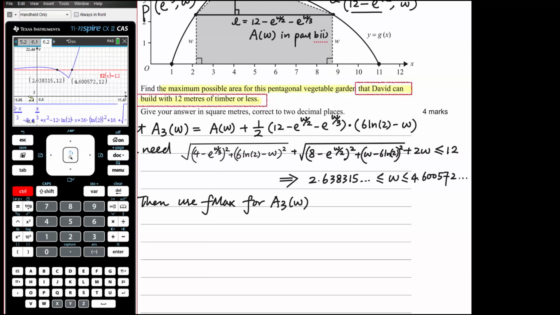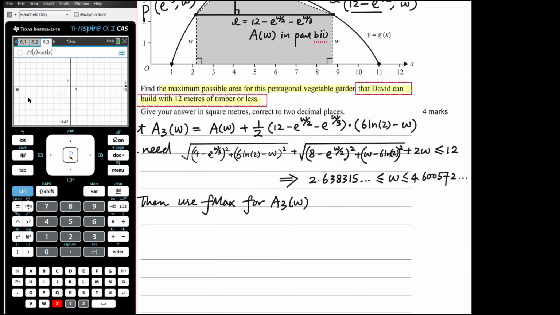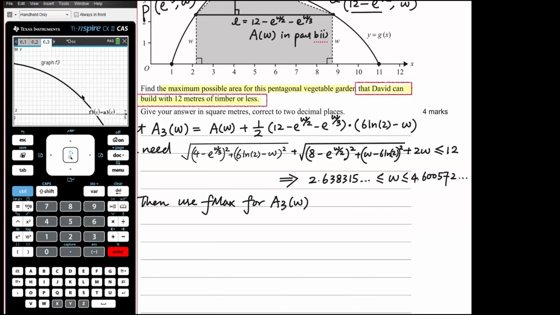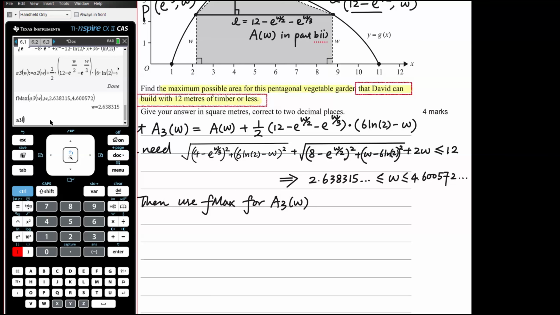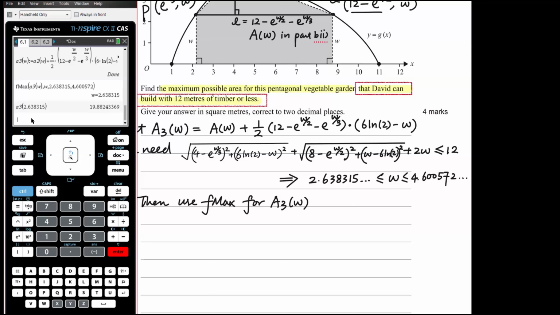So if I just verify that, just look at, let's say, 2 something and 5 something. Maybe I use like a 30. So you can see this graph is always decreasing. That's why you get the maximum on the left restriction. And then you just go for A3 of that. Problem solved. Yep.